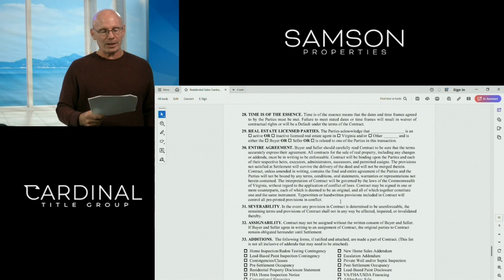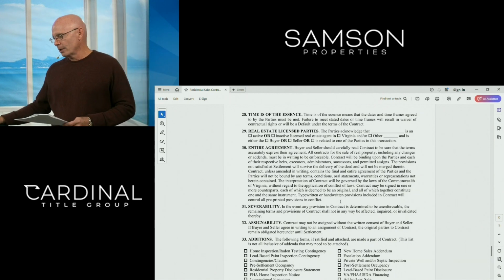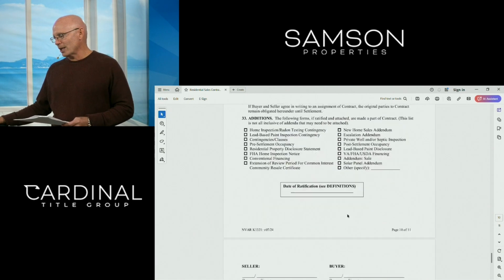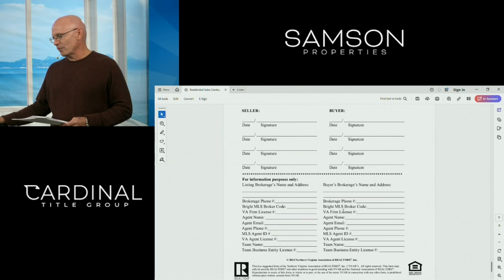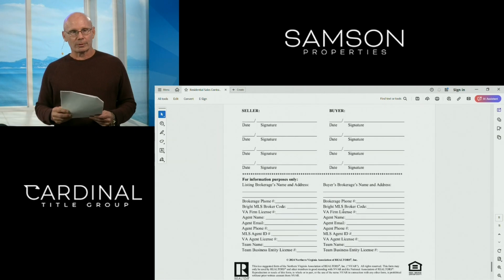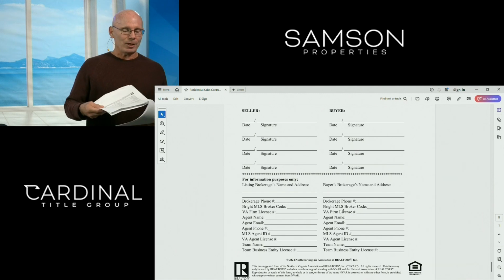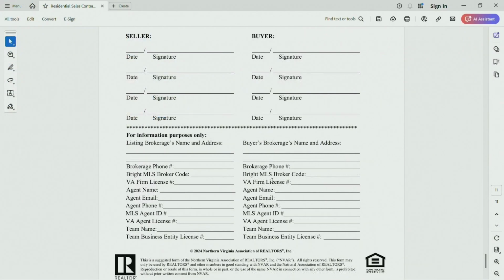And then on the last page is the seller and buyers' signing page, and then the information for the listing broker and the buyer broker, okay? So on page 1 of here, if you're selling this unrepresented as a listing agent and you're filling out this contract for your buyer, then the buyer broker side should be blank or NA, right?